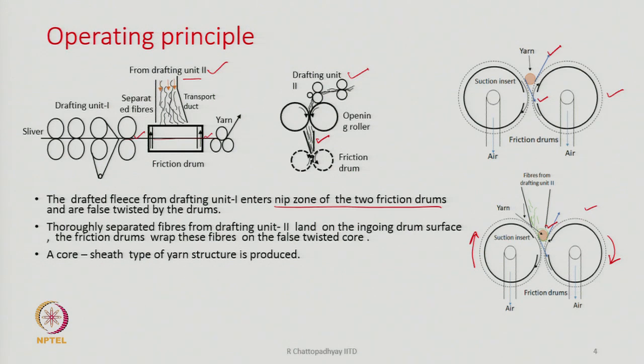Because sheath fibers have already started wrapping over them, even though the cores are trying to untwist, the entire twist which was present in the core may not get removed completely, but that does not matter.